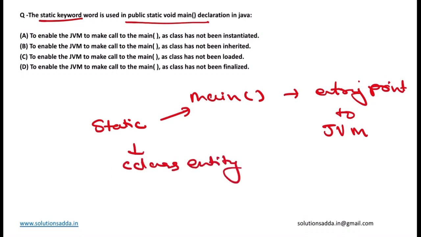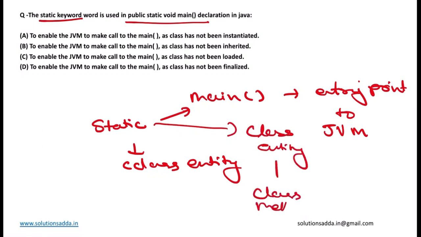To declare it as a class entity. If we don't include the static keyword there, then it will make it an instance method or instance variable. So static before methods or variables makes them class entities, i.e., class methods and class variables respectively.